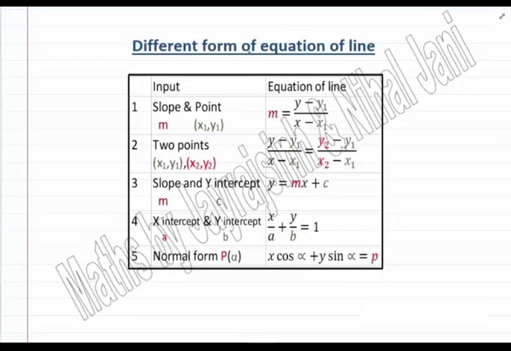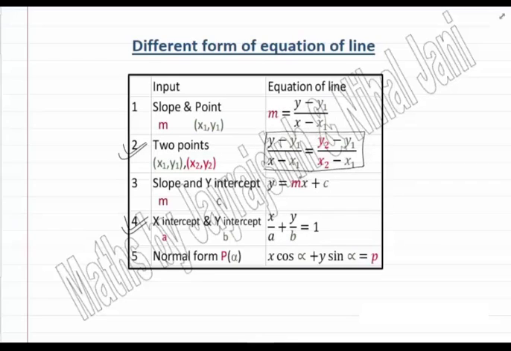We already know we have different forms of equation of straight line, right? The slope and point form, two-point form, slope and y-intercept form, x and y intercept form, and normal form. In the first part of this session, we are going to deal with questions in which we have two different points on the same line, and using this x1 y1 and x2 y2 we can obtain the equation of line.